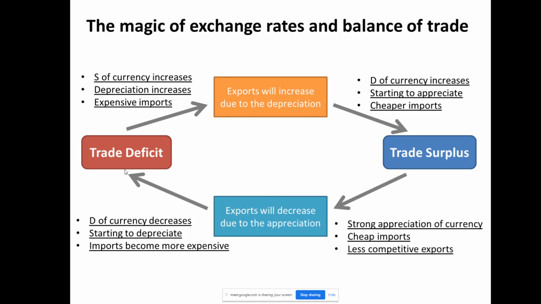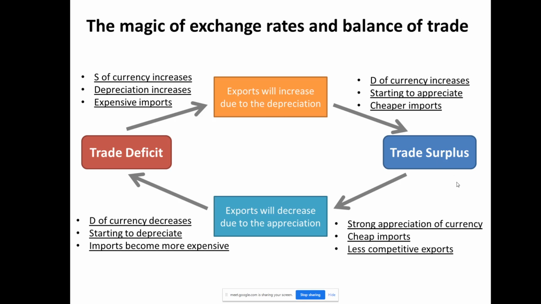So it doesn't really matter if we are having trade deficit, because at the end, you will go back to trade surplus, and then you will go back to trade deficit. It goes on and on and on. So this is what you can see if you are talking about the relationship between exchange rates and balance of trade.